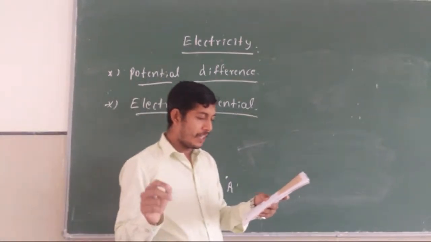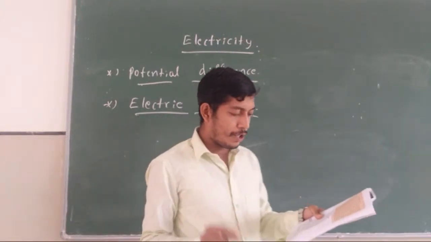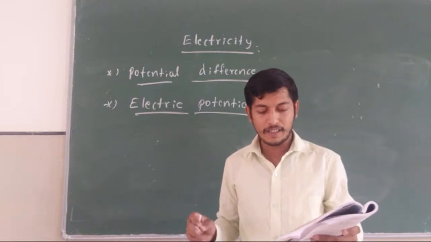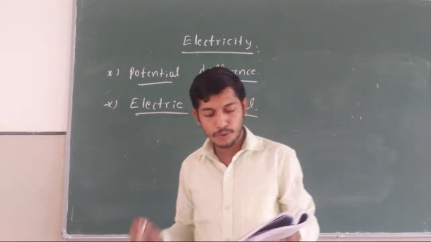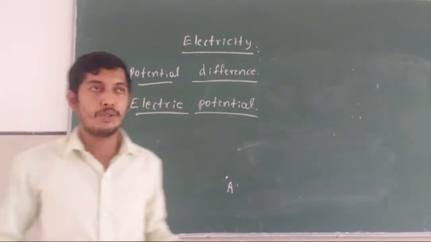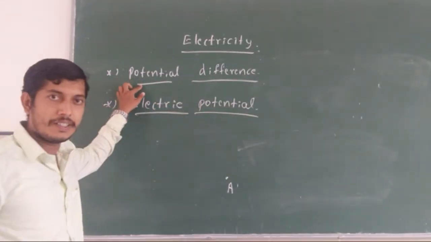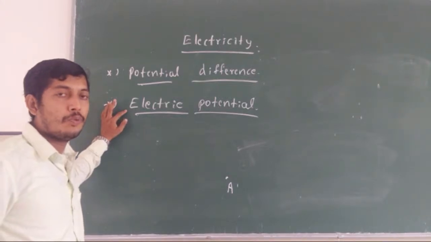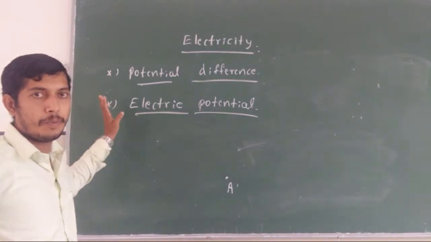On page number 95 we define the electric potential difference between 2 points in an electric circuit carrying some current as the work done to move a unit charge from one point to another. That is for the potential difference. And for electric potential, it is the amount of work done to move a unit charge from infinity to a particular point.